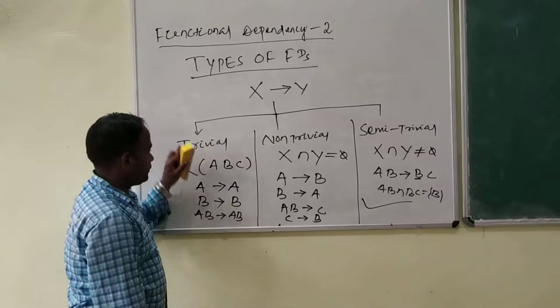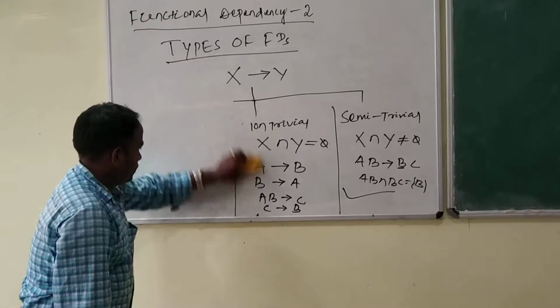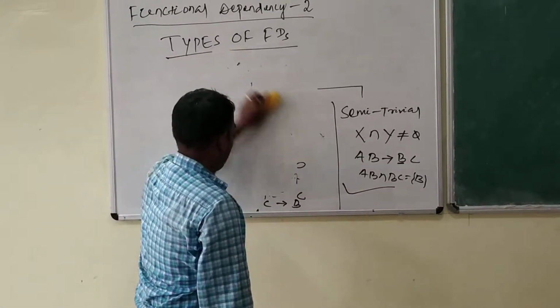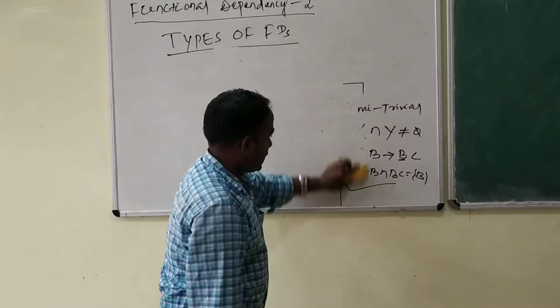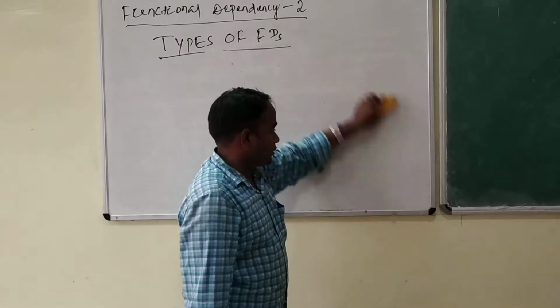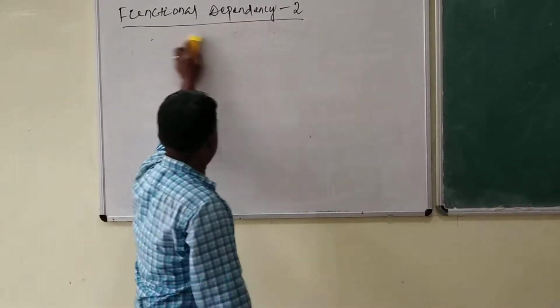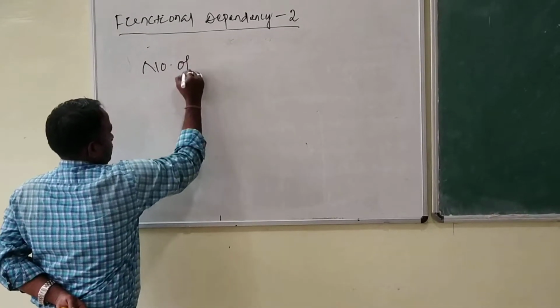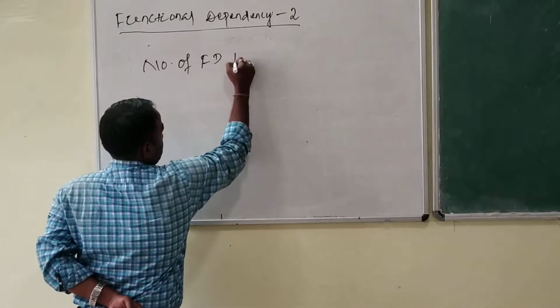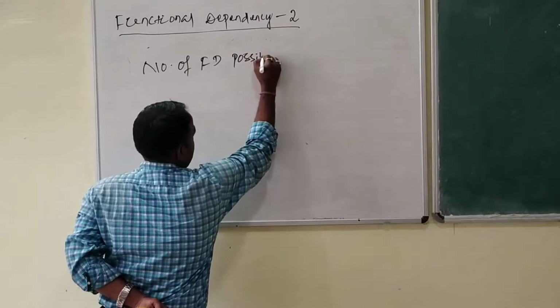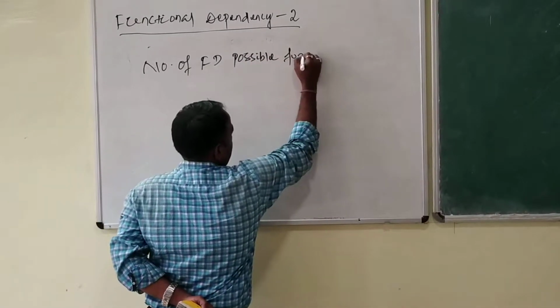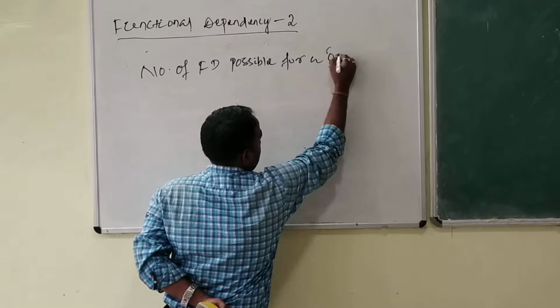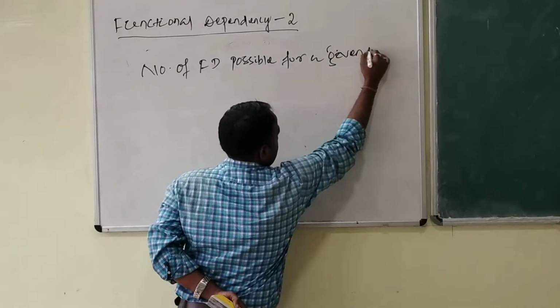Next we will talk about how many functional dependencies are possible for a given relation.